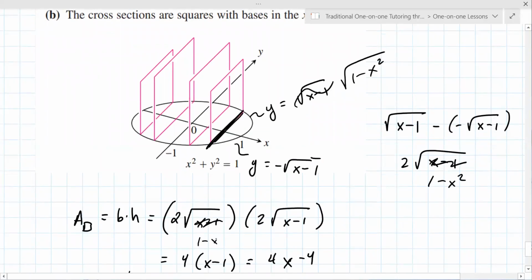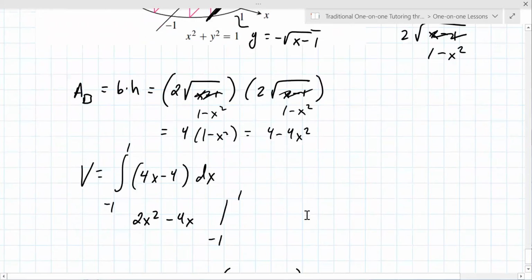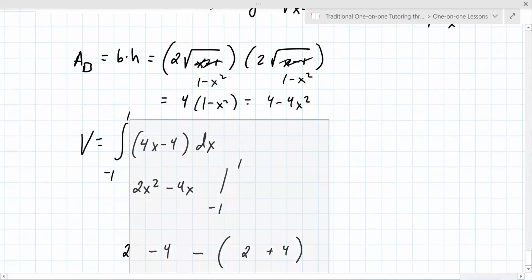This is 1 minus x squared, 1 minus x squared. So it becomes 4 times 1 minus x squared. So all this stuff changes. So 4 minus 4x squared. That's what you're integrating. So let me clear out all this.